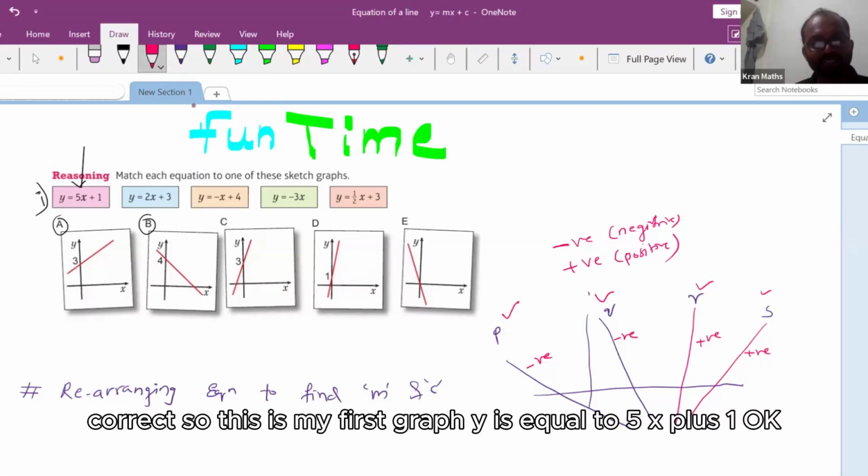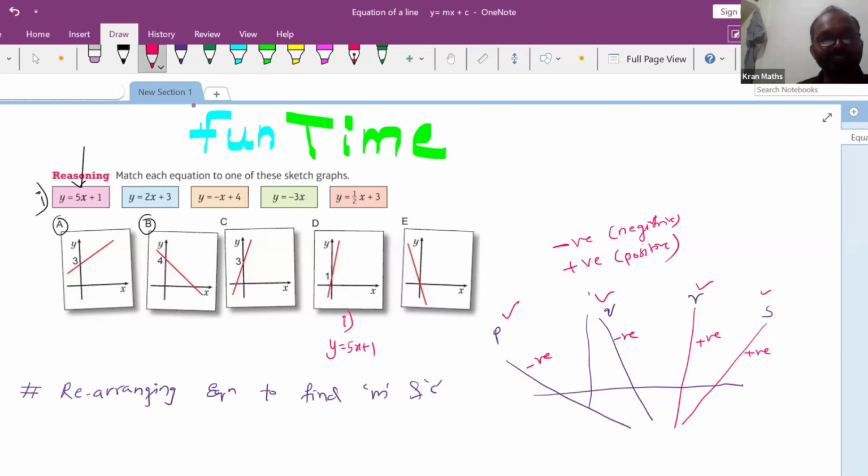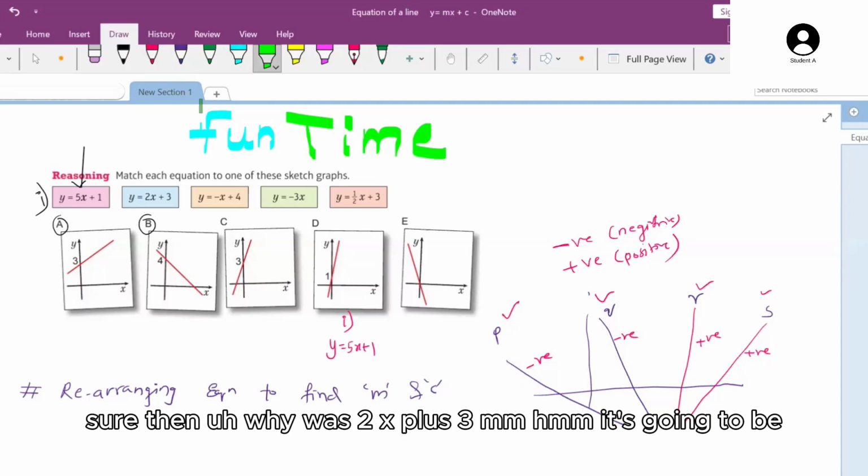Okay, correct. So this is my first graph. Y is equal to 5x plus 1. Shall we see the second graph? Sure. Then y equals 2x plus 3.